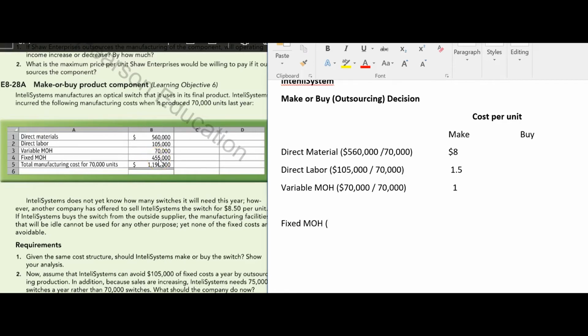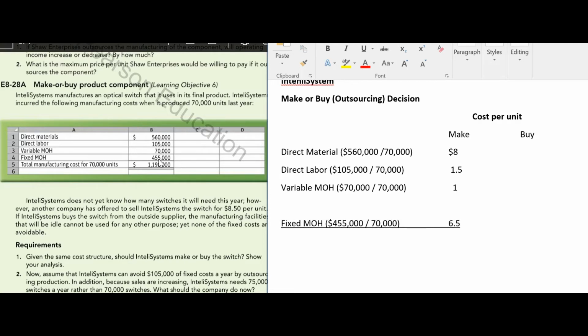Their total fixed overhead was $455,000 and they produced 70,000 units. Let's do this little calculation: 455,000 divided by 70,000, and I found their fixed overhead cost is $6.50.